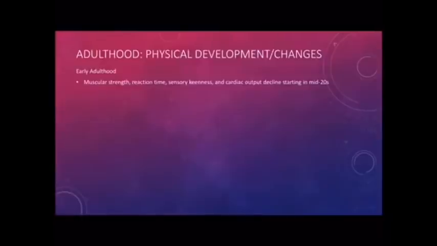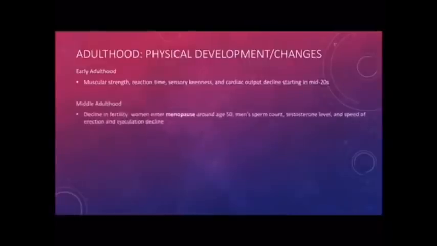It's all downhill from here. And then middle adulthood, the main point that you want to write down is that sexual activity decreases along with ability to reproduce. So fertility decreases as well. So middle adulthood is really all about this decline in sexual interest, activity, and fertility.